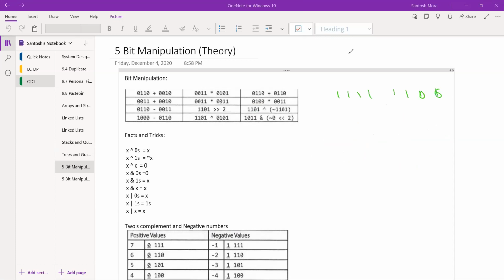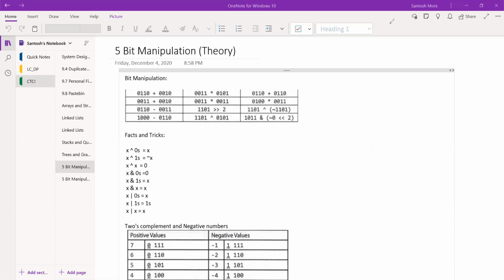If we add these two numbers, in turn what we are doing is clearing the last two bits, so it will be 1, 0, 0, 0. So this is one small thing. I think we have been using this a lot. It should not be so difficult to understand.